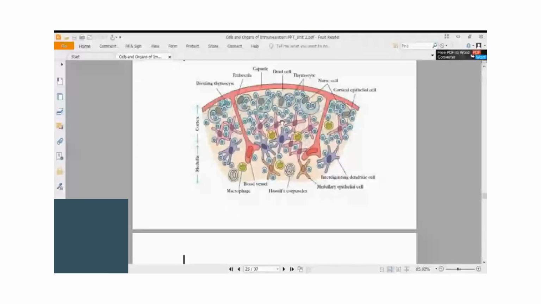So please remember, the thymus is a primary lymphoid organ, and it is very important for the selection of TH cells, that is T helper cells, and TC cells. The T helper cells are the most important cells responsible for the next arm of the immune response, and that is the humoral immune response.